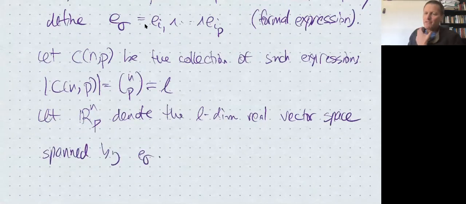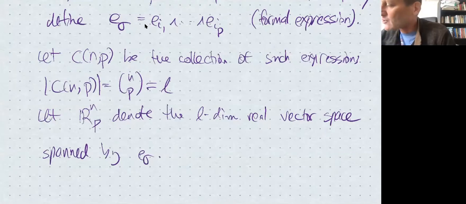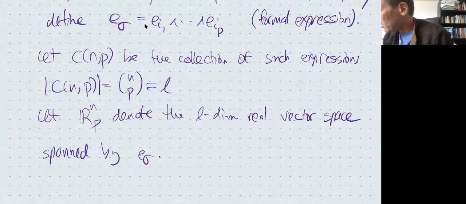So I'm thinking of the E sigma right now, again, as just formal symbols. And now I think of each one of these as vectors. And I just span a vector space over these vectors. I just talk about formal linear combinations over R of these vector spaces.